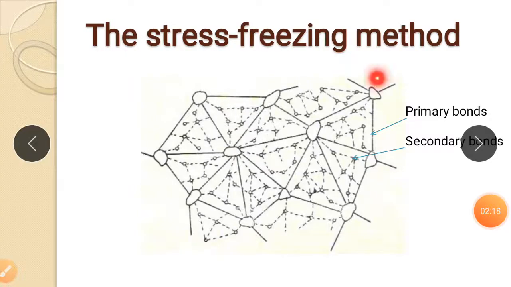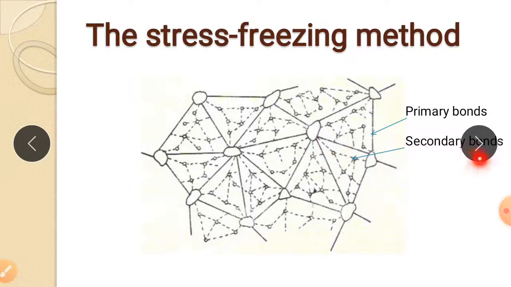This network made of darker lines connecting these points: these darker lines are called primary bonds, which are solid in structure, so the connection is somewhat stronger.